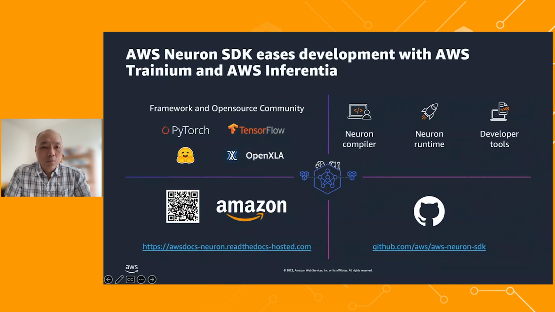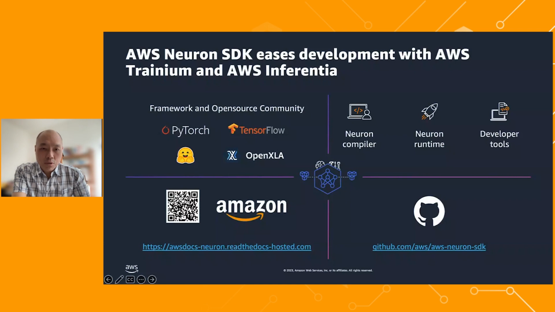And we are also part of the OpenXLA consortium for even larger and more complicated model build out in the future. Now, for the Neuron package itself, we provide a compiler, runtime, and developer tools, as well as a monitoring tool such as Neuron Top for users to take a look at, as well as to leverage the hardware features that Inferentia supports. At the bottom, you see links to our official documentation for Neuron, as well as a GitHub repo with a lot of examples and code base for you to try out.